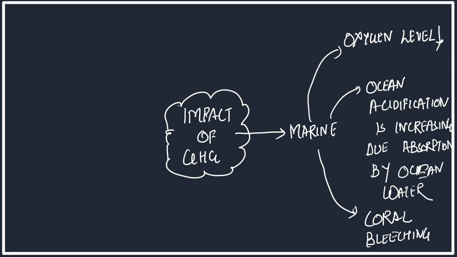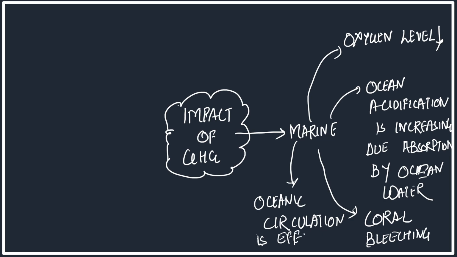If there would be more warm water, there will be less dissolved oxygen. And it is affecting the marine circulation also. Because if there would be temperature change, then there would be presence of low and high pressure. So, affecting the oceanic circulation. Ocean circulation is affected. Okay.